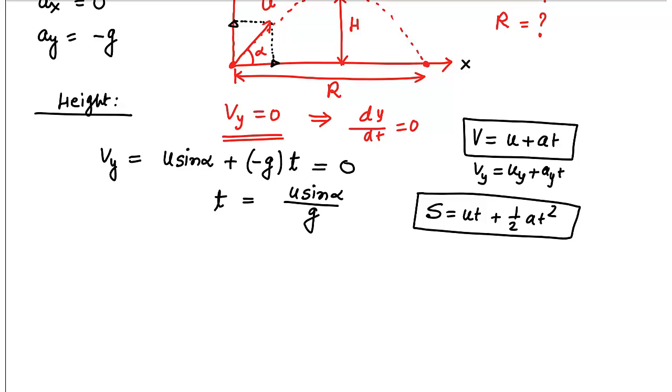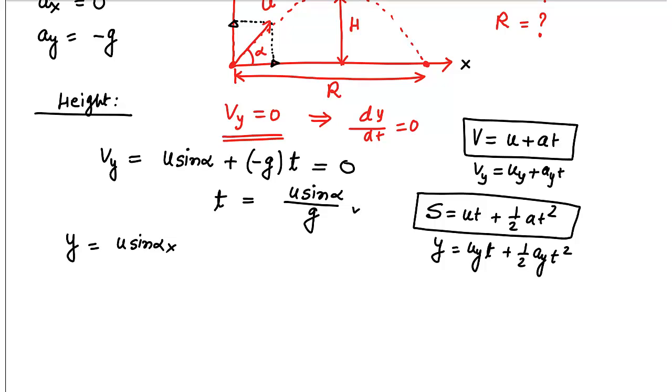Now once again, I will write this equation in the y direction. So I will write y = u_y t + ½ a_y t². So let us calculate this. y = what is the initial velocity in the y direction? That is nothing but u sin α. What is the time when I want to calculate y, that is maximum height reached?